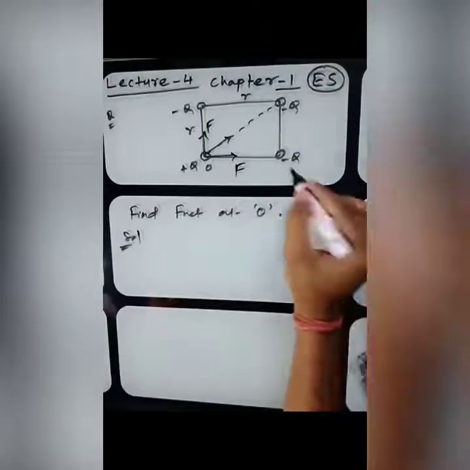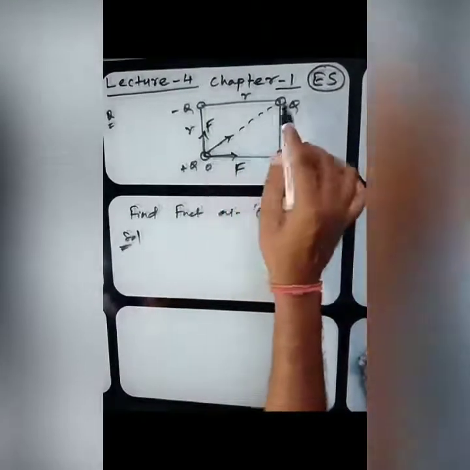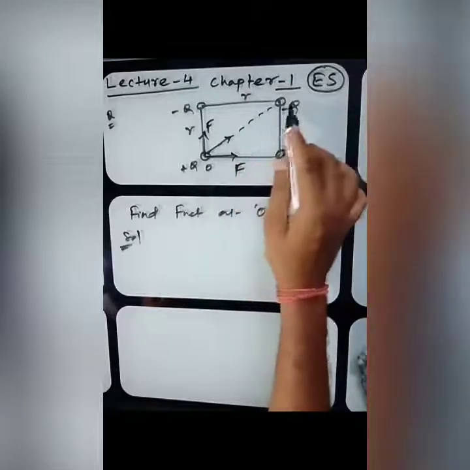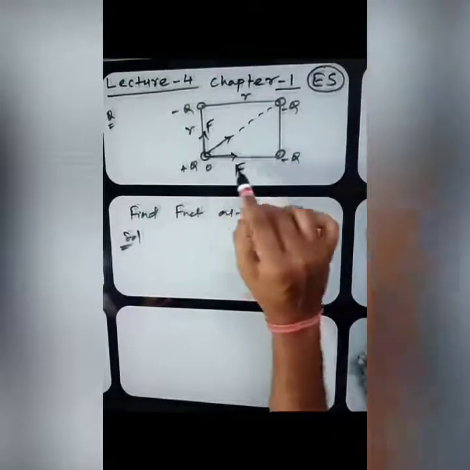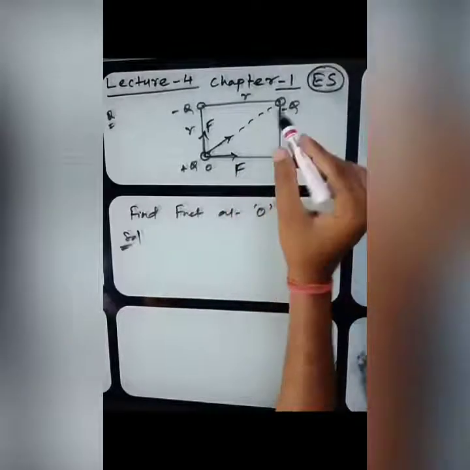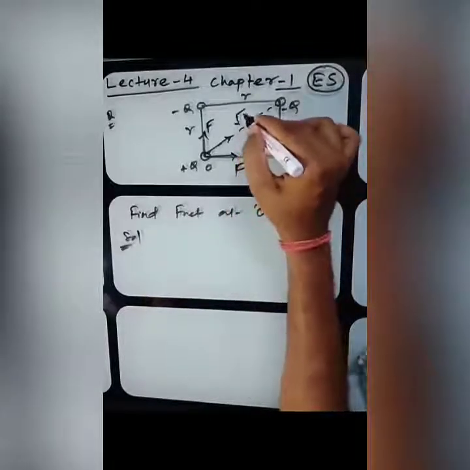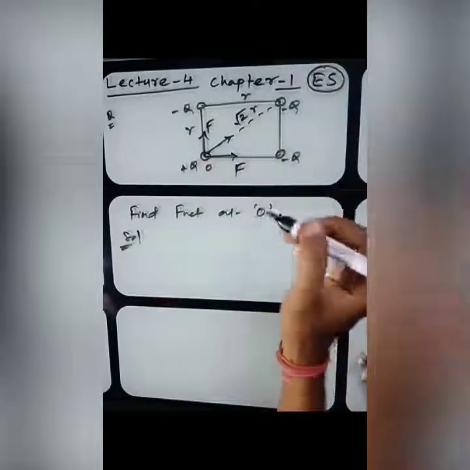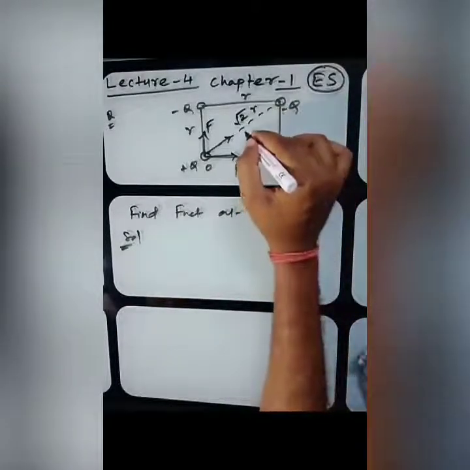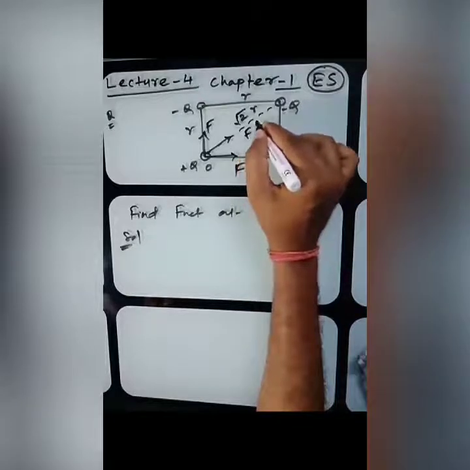So we are writing here F. But these two charges are same in magnitude, but the separation is not same. Here the separation is r, but this separation will be root 2 times r. This is the diagonal of the square, root 2 times r. So the force will change. So we can write here F dash.